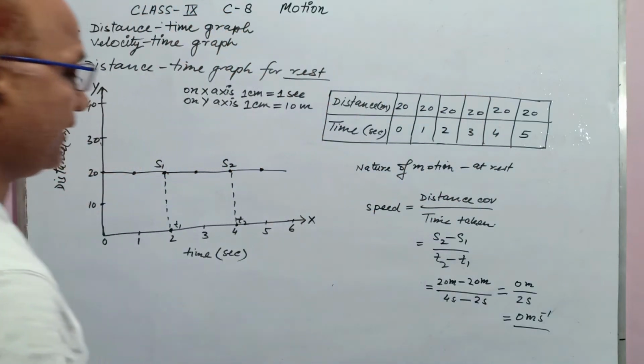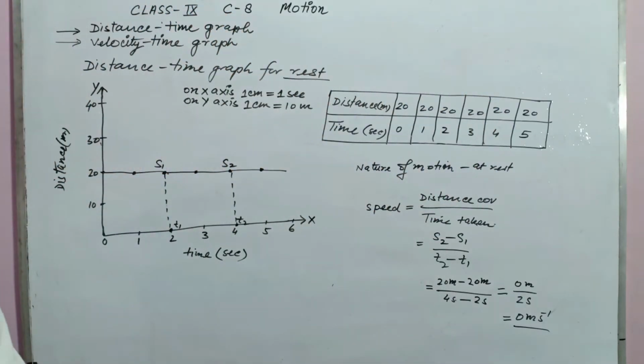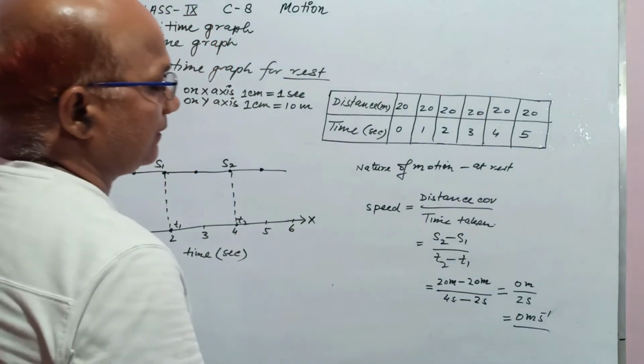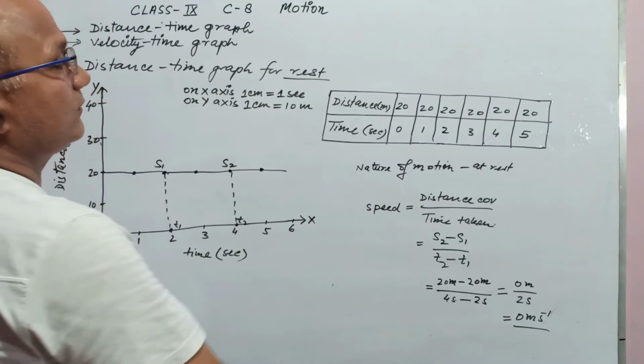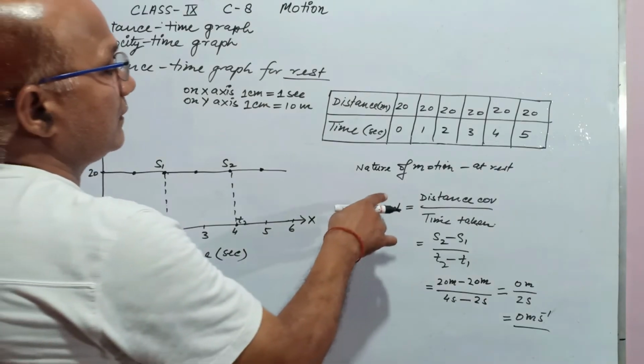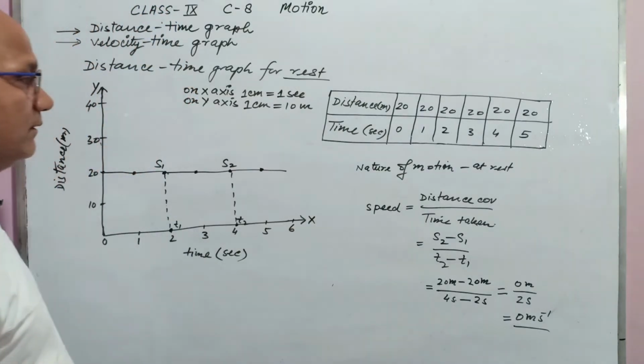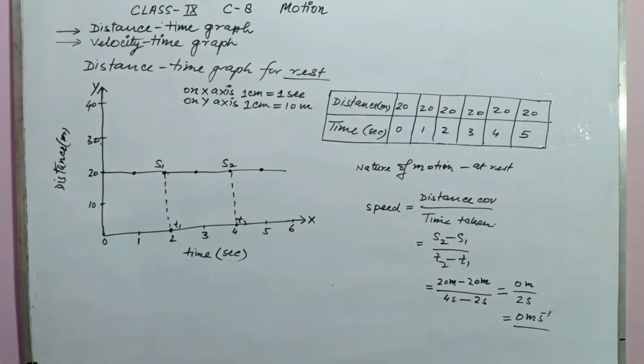So in this case we find the speed of the body is 0 meter per second, and it also represents that the nature of motion is at rest. Now take a screenshot of it.